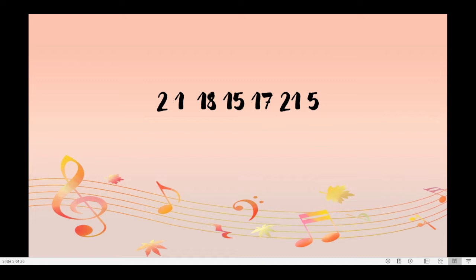That is 2, then 1, okay, then 18, then 15.